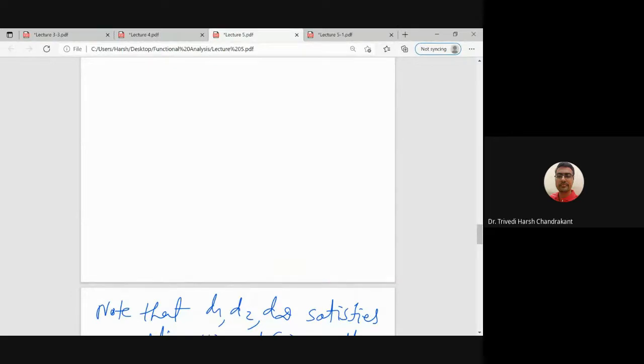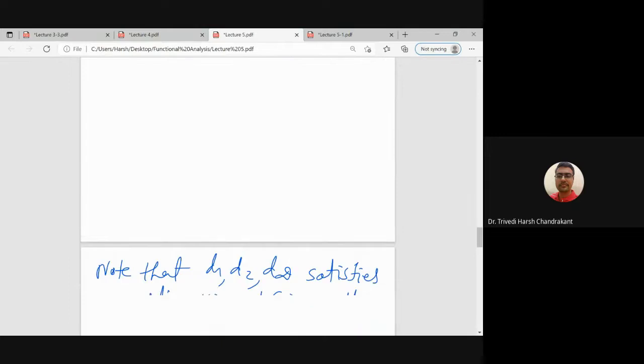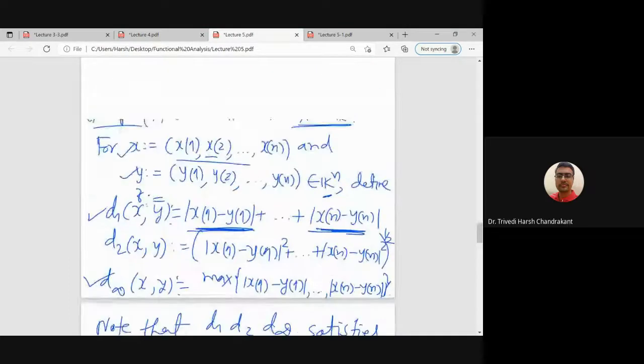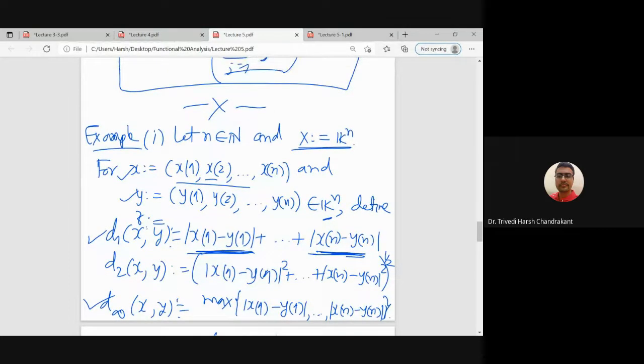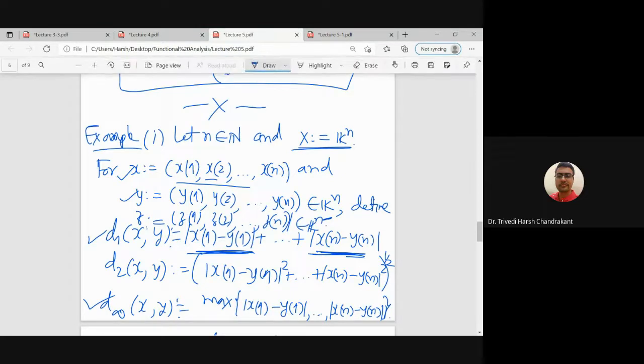So z is z1, z2, up to zn in Kn. So we are now taking three elements to prove the triangle inequality.